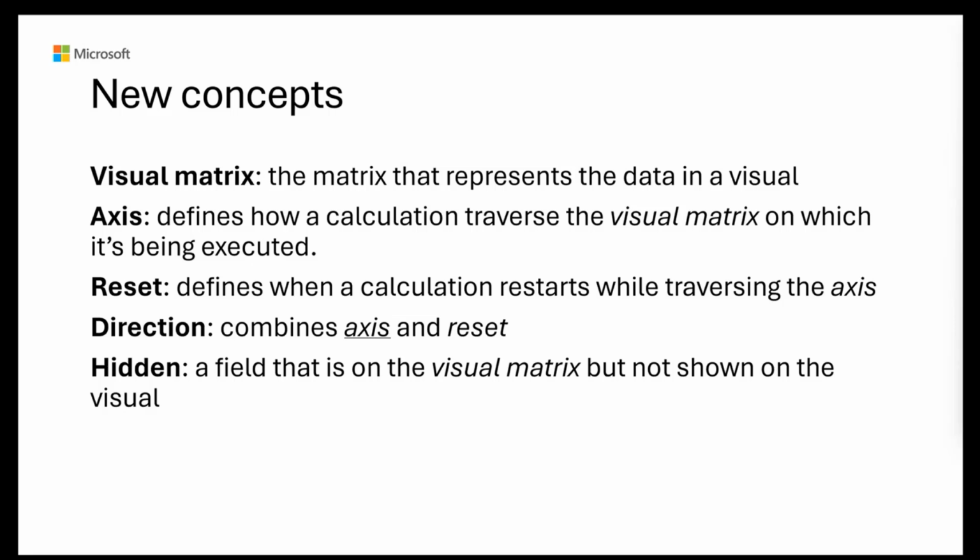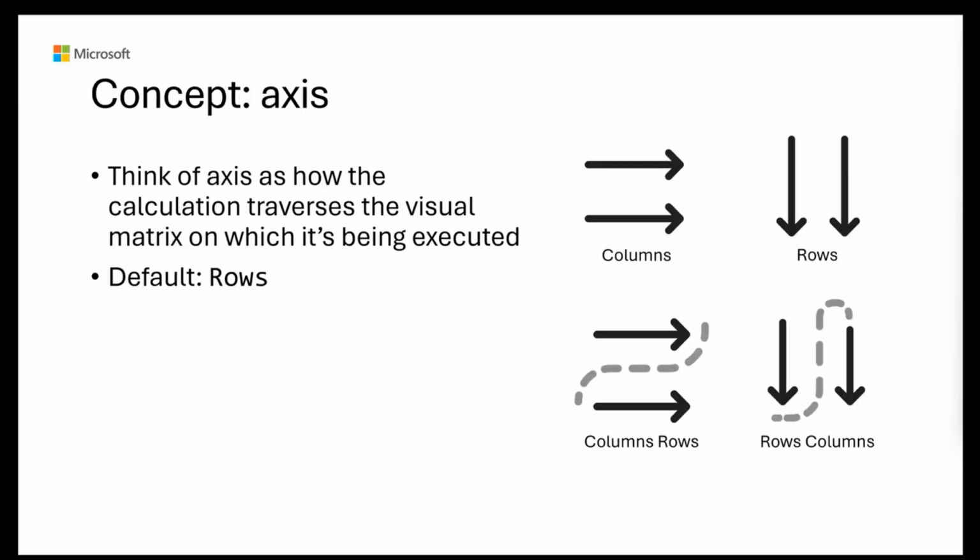Now, the thing that makes visual calcs work, and also how you can tell whether or not a function is available in visual calcs, is if it has an axis parameter. That's the secret sauce of what makes visual calcs work. So think about axis as how the calculation traverses the visual matrix on which it's being executed.